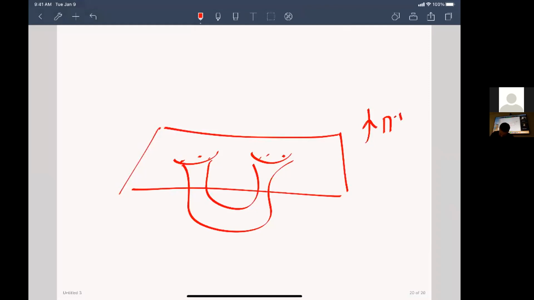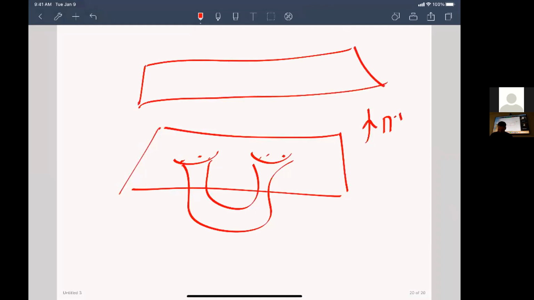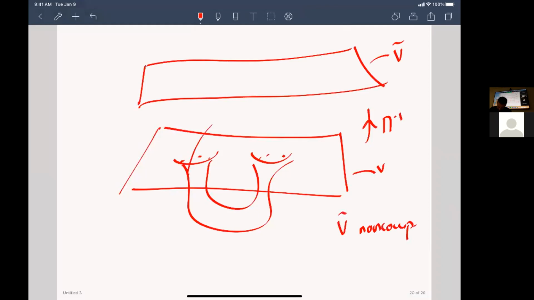If you do that, then you end up with some bigger space, whatever it is. And it turns out that if this object here, let's call it V tilde, and let's call this V, if V tilde is non-compact, which means it's spatially infinite, which means essentially you're not in a spherical universe, say, then having such a thing will actually lead to a null geodesic being incomplete.